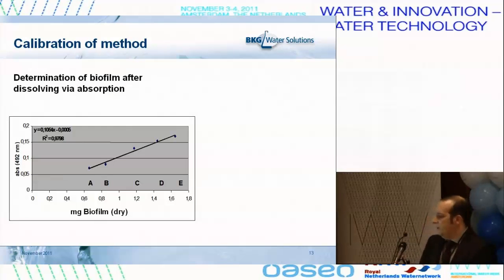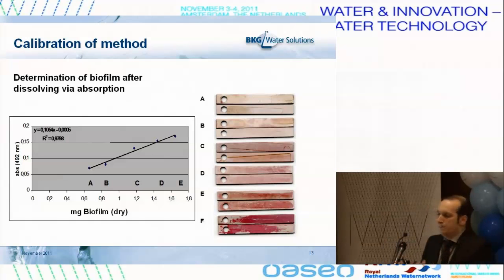So the first thing we did was that we took some stainless steel coupons, and we colonized biofilm on these coupons. We used a dye, and then we dissolved this biofilm, and we found a linear function of this biofilm formation.